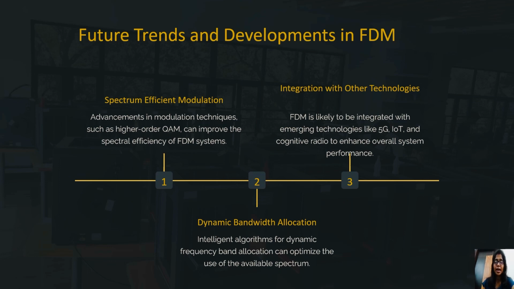Second one, dynamic bandwidth allocation: intelligent algorithms for dynamic frequency band allocation can optimize the use of available spectrum in FDM. Then integration with other technologies: FDM is likely to be integrated with emerging technologies like 5G, IoT and cognitive radio to enhance overall system performance in future trends and developments in FDM.